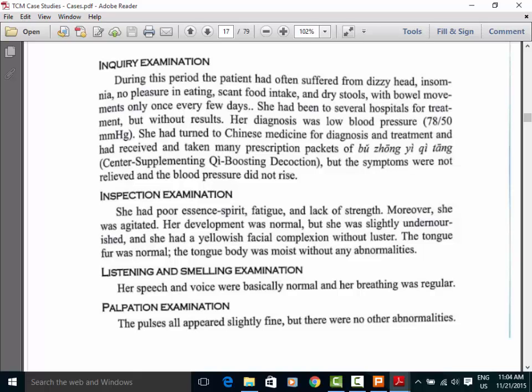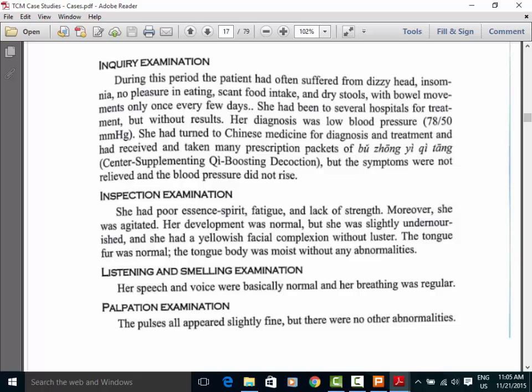tonify blood. Even based on TCM theory, we have root and branch. Even though we know the root of the blood deficiency may be related to the spleen deficiency, to be honest, she only has poor appetite. She doesn't have some chronic, long-term spleen deficient pattern. So it's not really there.